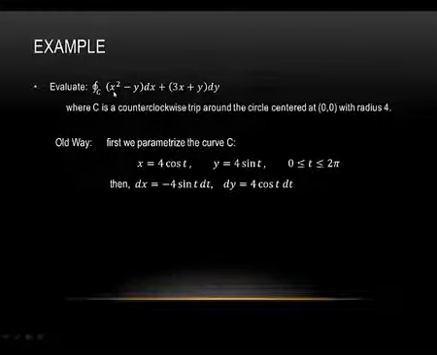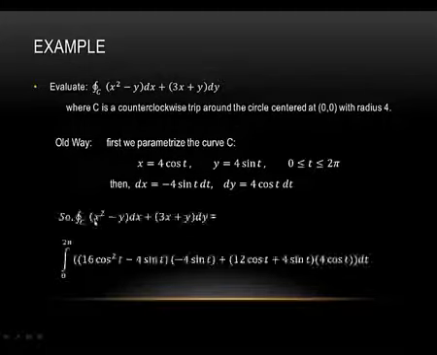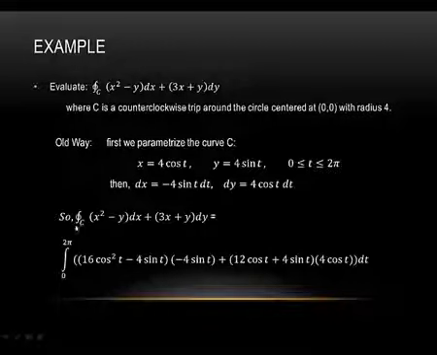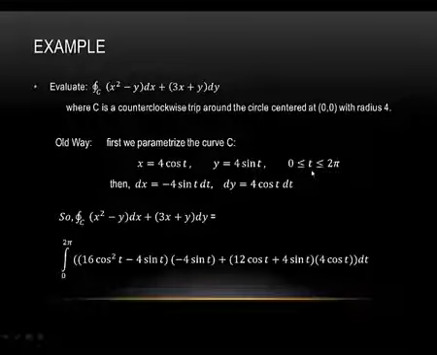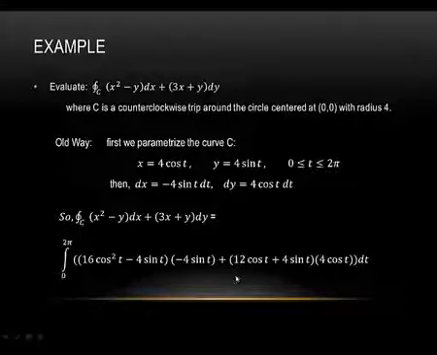I'm going to replace x with 4 cosine t, I'm going to replace y with 4 sine t, I'm going to replace dx with this, and I'm going to do the same thing over here. So I can rewrite my line integral all in terms of the parametric equations, and I get all of this stuff. And my limits for the parameter t are 0 to 2 pi.